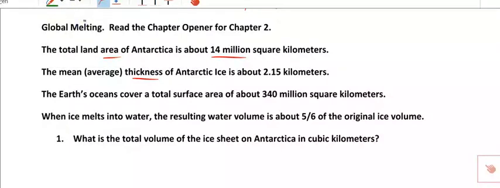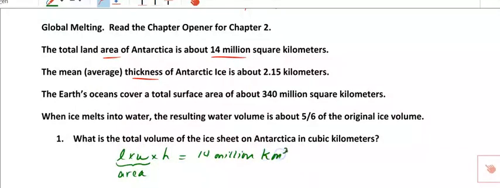So I've got my 3 values, or actually, if I remember, it's length times width times height, but I already have the area. This part of the formula is the area. And that area is 14 million square kilometers. And I'm going to multiply that by the height, or the thickness, which is 2.15 kilometers.